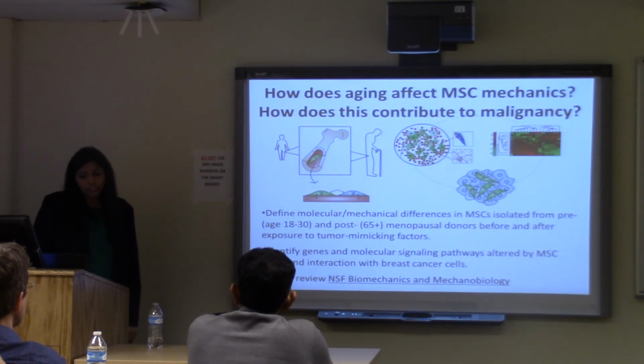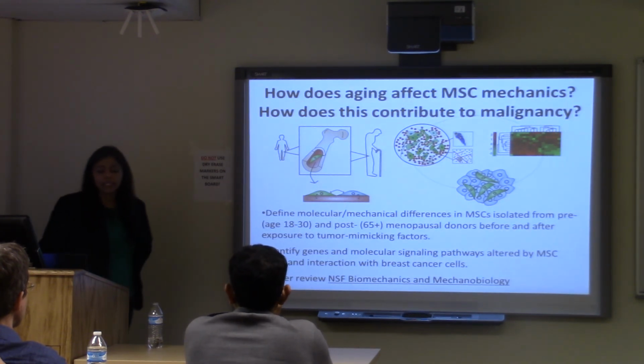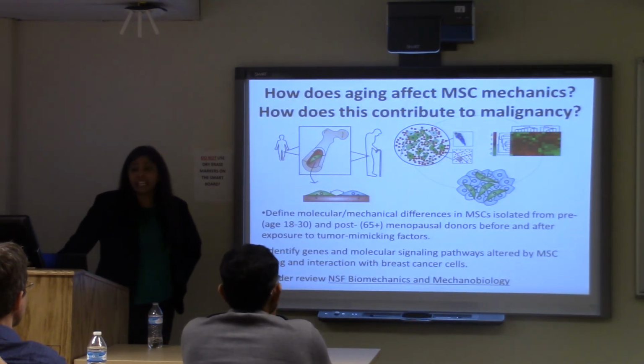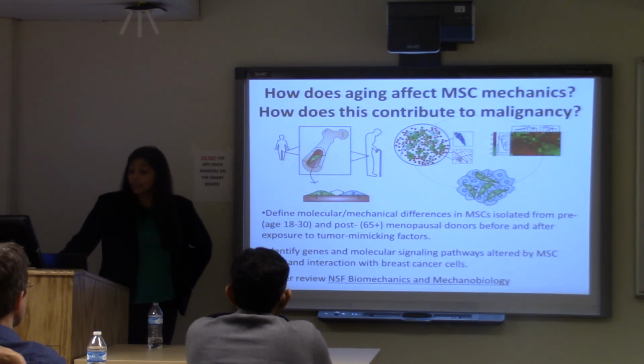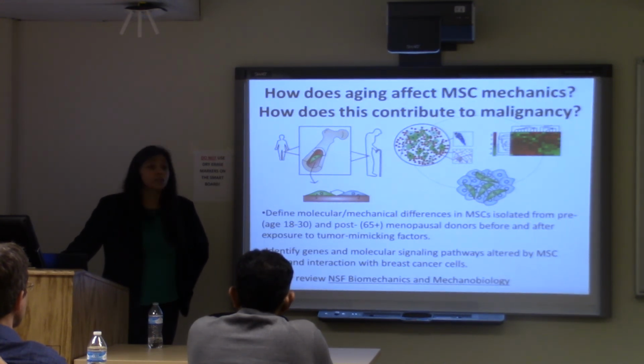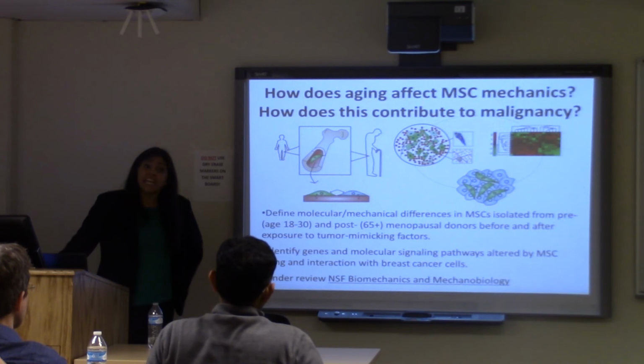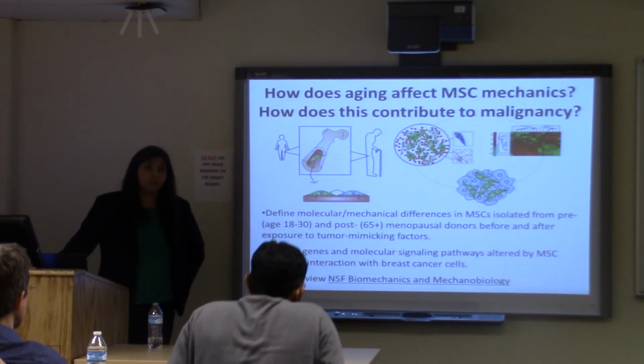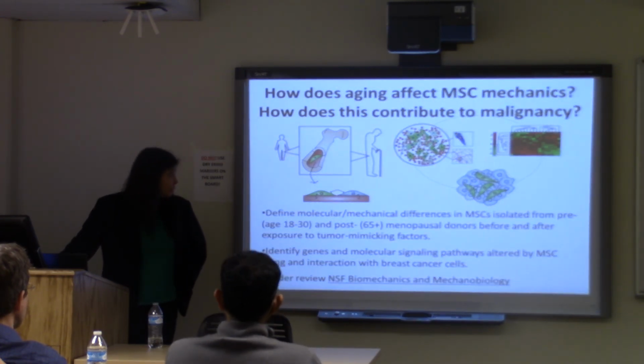And so for this project, I have a few questions that I would like to answer. One is, how does aging affect MSC mechanics? For this, we can define the molecular and mechanical differences in MSCs isolated from premenopausal and postmenopausal donors. The second question is, how does this contribute to malignancy? We can expose them to tumor-mimicking factors, like tumor-secreted soluble factors, and see if they respond the way we saw before with the cells that we were culturing in vitro.